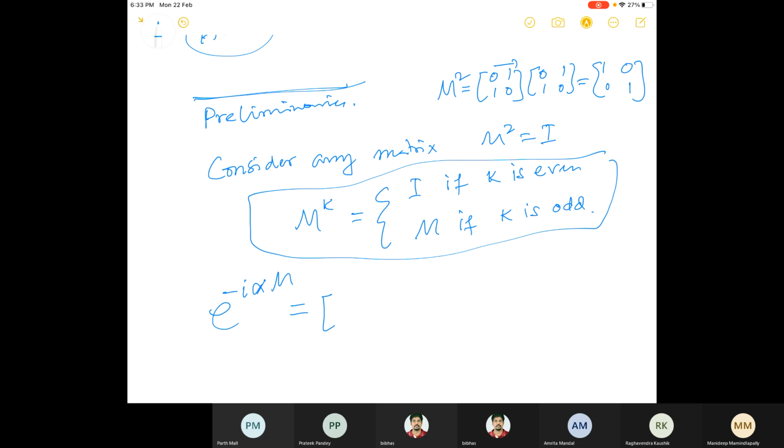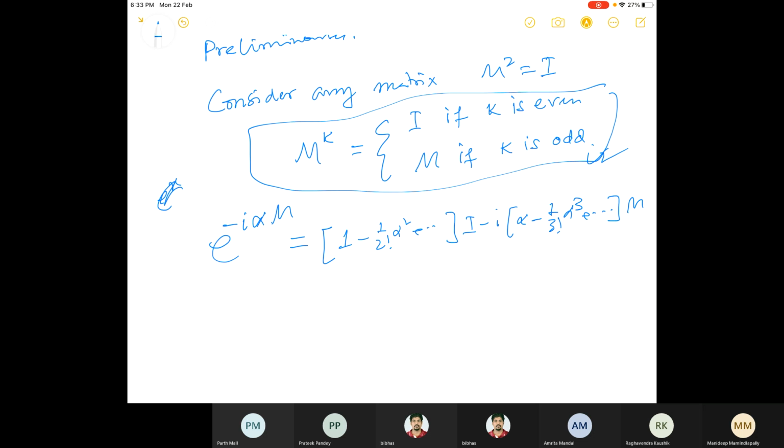You just write down the exponential formula, like the Taylor expansion of e to the power x, and replace x by minus i alpha M. Just do that and you will find this is 1 minus 1 by 2 factorial alpha square dot dot dot times identity, minus i alpha minus 1 by factorial 3 alpha cube dot dot dot times M, and this will always be cos alpha times identity minus i sin alpha times M.